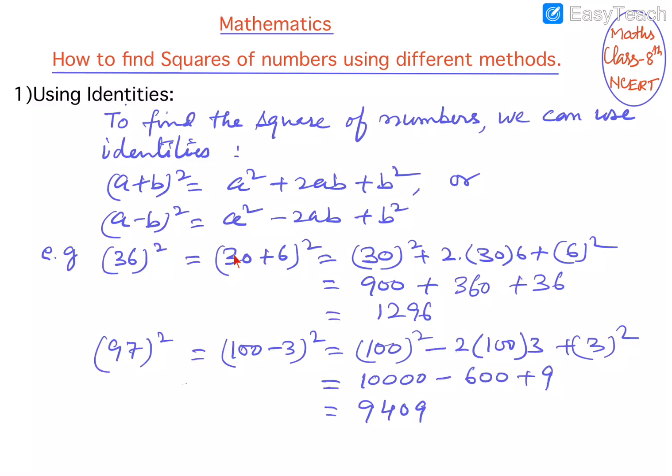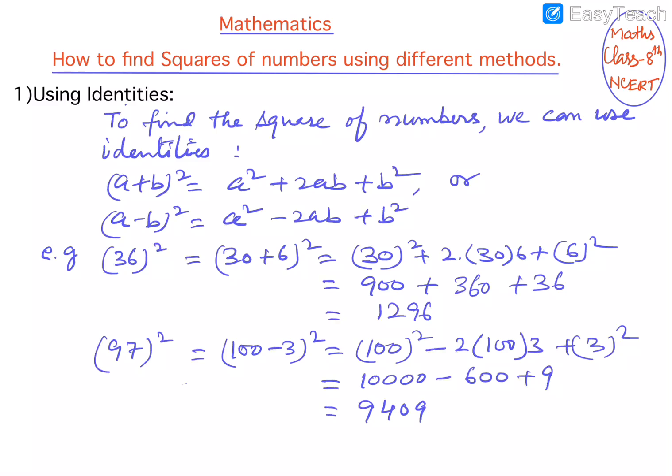So it becomes (30 + 6) whole square. Applying this identity, we have 30 square plus 2 into 30 into 6 plus 6 square, which gives 900 plus 360 plus 36, and their total is 1296. Thus, square of 36 is 1296.